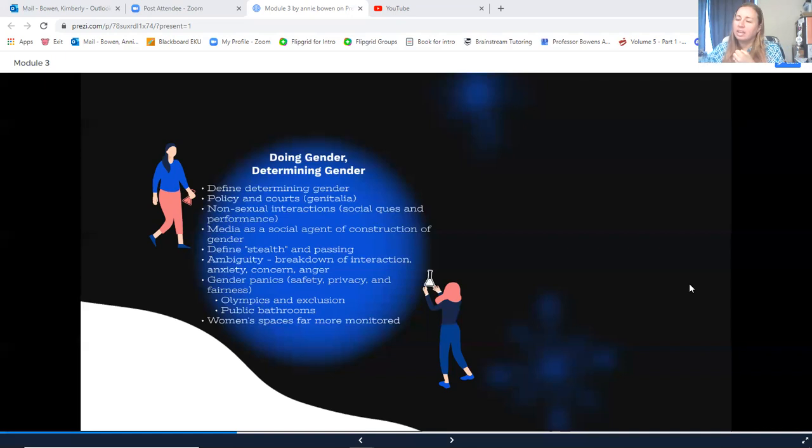But there's still this invalidation of the trans man as being a woman that creates this illusion of, well, women are more in need of being protected. They're more in need of that privacy. They're more in need of having a fair athletic activity, because we don't want these superior men to come in and take all of their athletic prowess and blow everybody else in the sport out of the water, right?